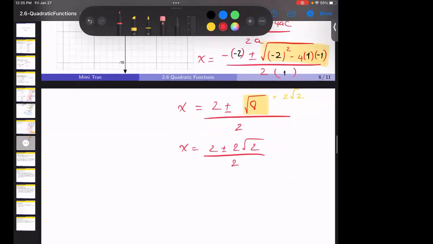Can I factor out the 2? Now I can cancel.